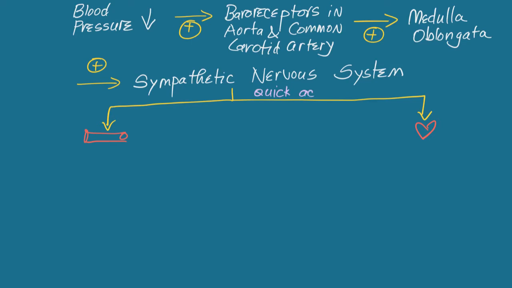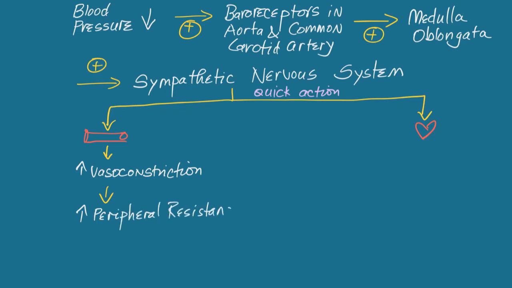It is a quick action that is the result of the sympathetic nervous system. It causes a quick vasoconstriction, a sudden vasoconstriction, which increases peripheral resistance. When peripheral resistance goes up, blood pressure goes up as well. And all this happens very quickly, in a matter of seconds.